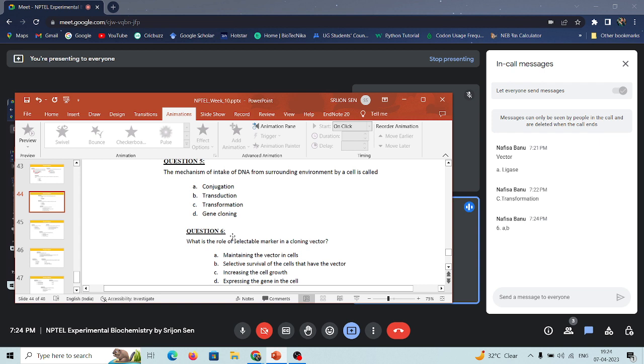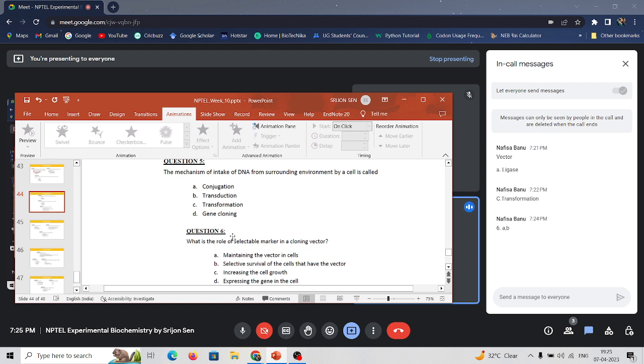Yes, that is correct. It helps in the maintaining of the vectors inside the cell, and also it helps in the selective survival of the cells that have the vectors. Only those bacterial cells are going to survive that have taken up your recombinant plasmid, but others will die.